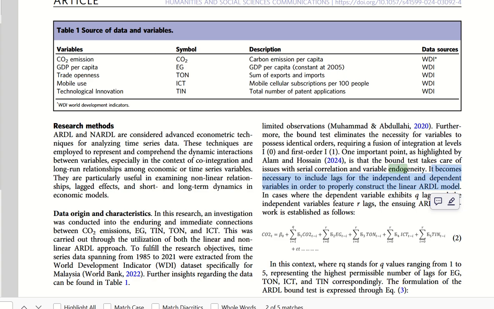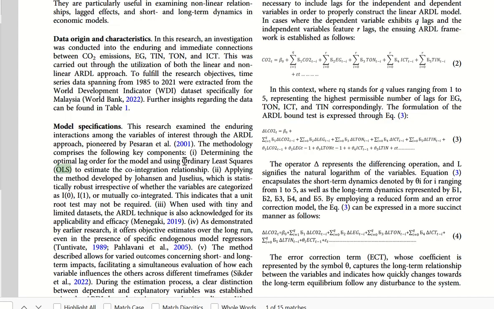Lags capture past effects, because economic effects do not happen instantly. Then OLS is used to estimate the co-integration relationship. This helps in understanding how past values influence current CO2 emission.